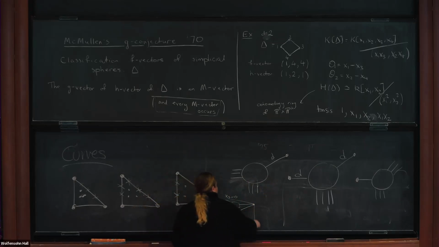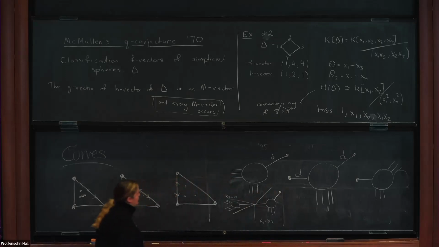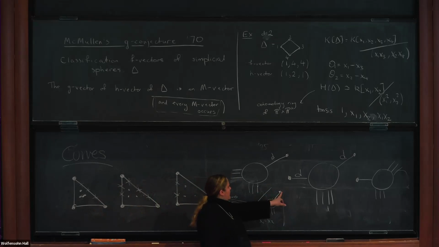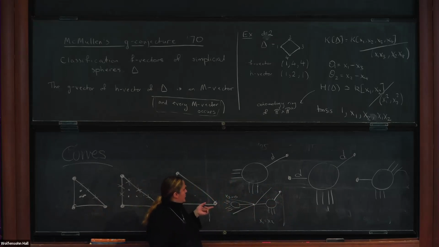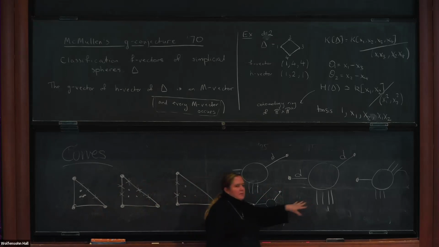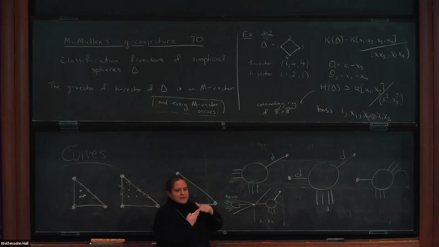And I'm going to glue to this one, where I'm going to embed it in the part of the tropical plane where x1 equals x2. And we can continue. We have this point. We can move our curve so that this is the origin. We can embed this in x4 equal to 0, and this one in the corresponding other face of the plane.